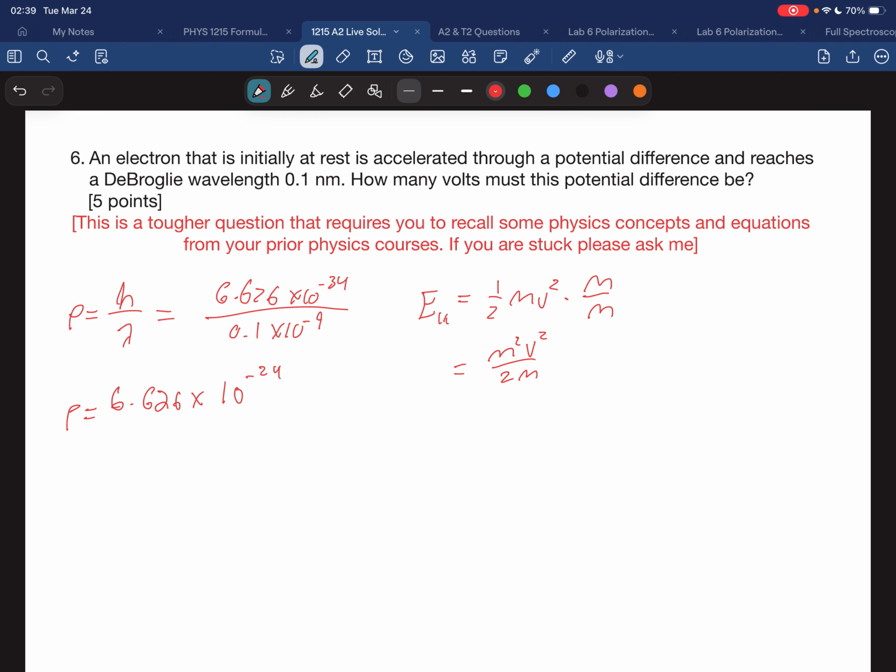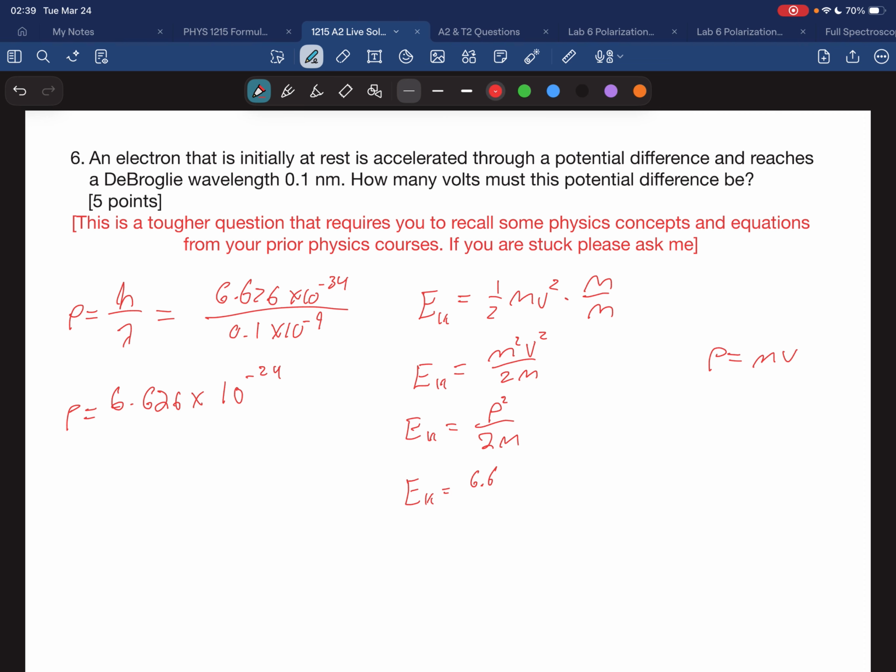Now I know that classical momentum is equal to mv, so I can also say that this is p squared over 2m. And, well, would you look at that? We already have the momentum. So let's plug it in.